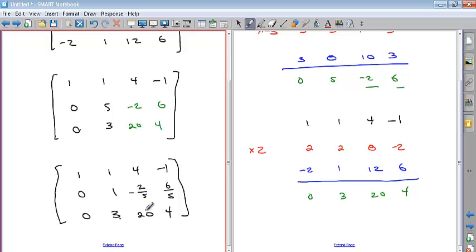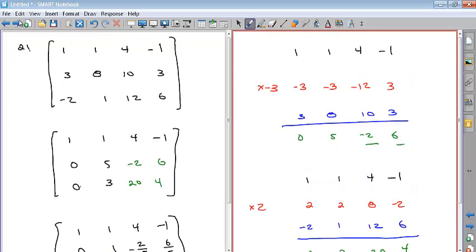Okay, so I get negative 2, 6, 20, and 4, and I get 1, negative 2/5, 6/5, and so that's correct. Okay, let me put a little piece of paper in here. I guess I could check my other answers, but I don't think I need to. Pretty confident about those. I took my time.